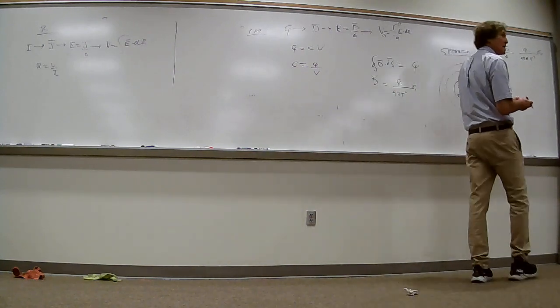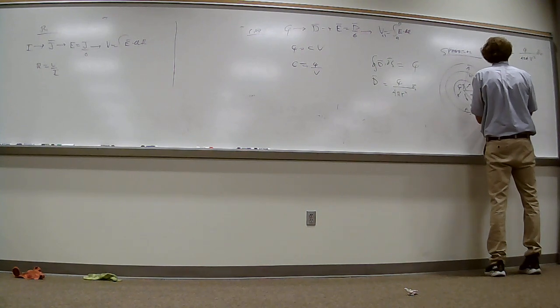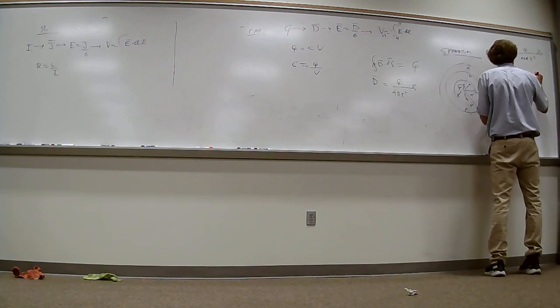Now, once I have E, I need to get the voltage between the inner and outer conductors. So that voltage would be the magnitude of the integral of E dot dl.